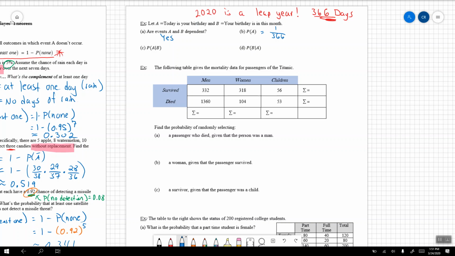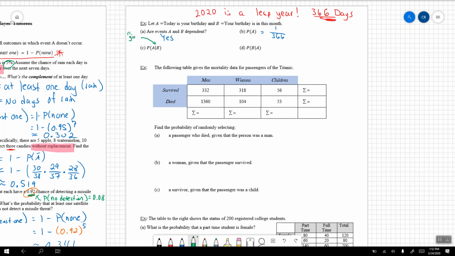Now, let's look at a conditional probability. Here, for part C, we want the probability of event A occurring given that your birthday is in this month. When I'm looking at this probability, I'm looking to define what this vertical bar means.